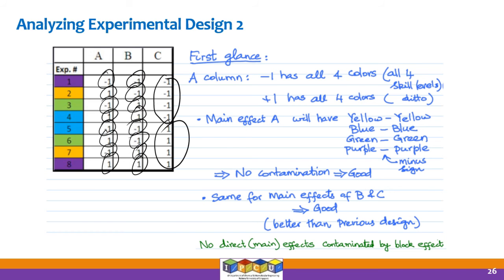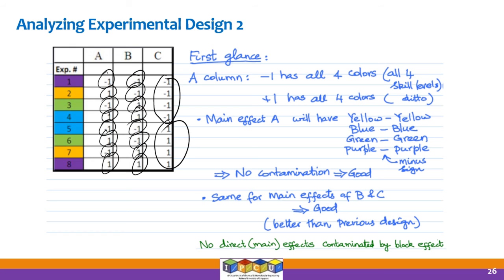So each of the four blocks has one experiment with A equal to -1 and one experiment with A equal to +1. So the skill level will not confound with the direct effect of factor A as well. So all the direct effects A, B, and C are clear from the entanglement with the skill level of the scientists who are doing this experiment. So this appears to be a better design, right?